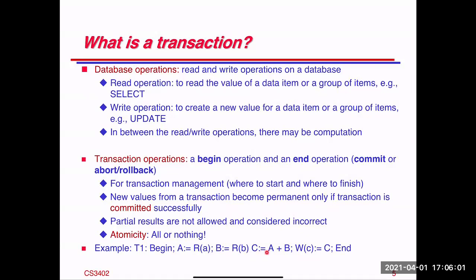Then we compute the result of A plus B and write it into variable C. Then we write to our database. That is the capital W here, we write to item C the result that is in capital C. And then at this point, we end the transaction. So we have this end here. Okay, so this is kind of a pseudocode. Of course, this is not SQL code or anything. This is just to give you a feel for what you can do in a transaction.